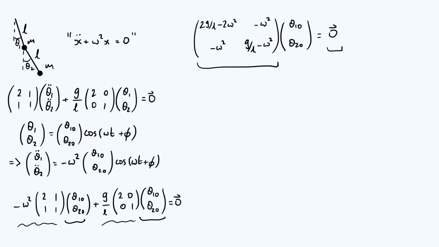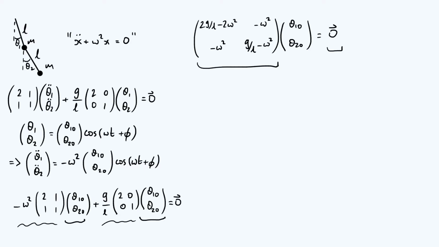So we've got to think about how to find the solution in the case where the pendulum actually does something. The only other possibility is for this matrix not to be invertible. If it's not invertible, then you can't just pre-multiply by the inverse and find that your theta 1,0, theta 2,0 vector is 0.